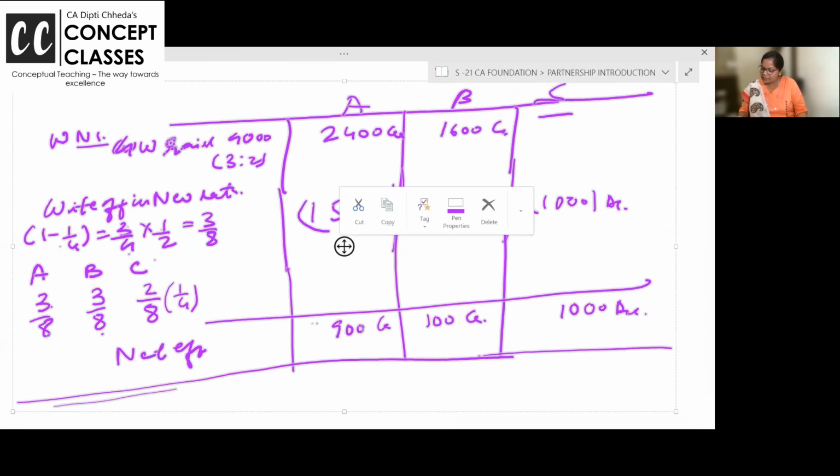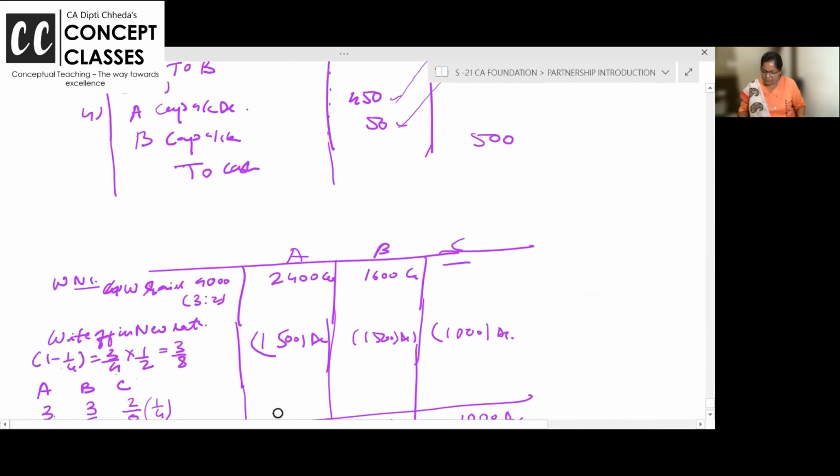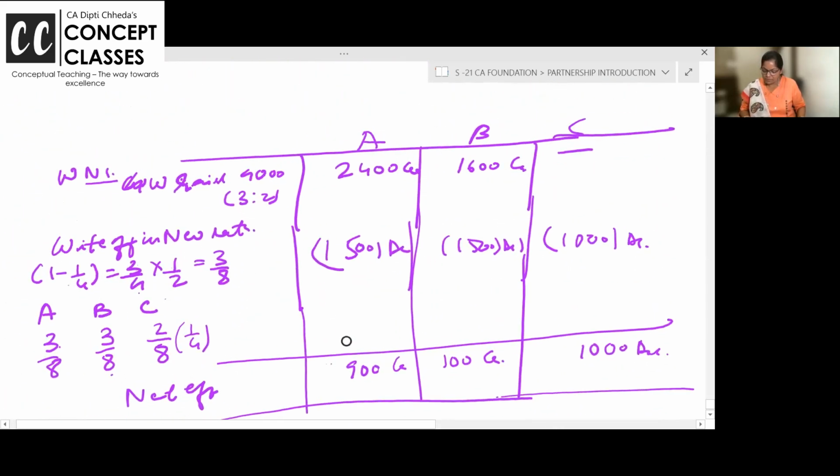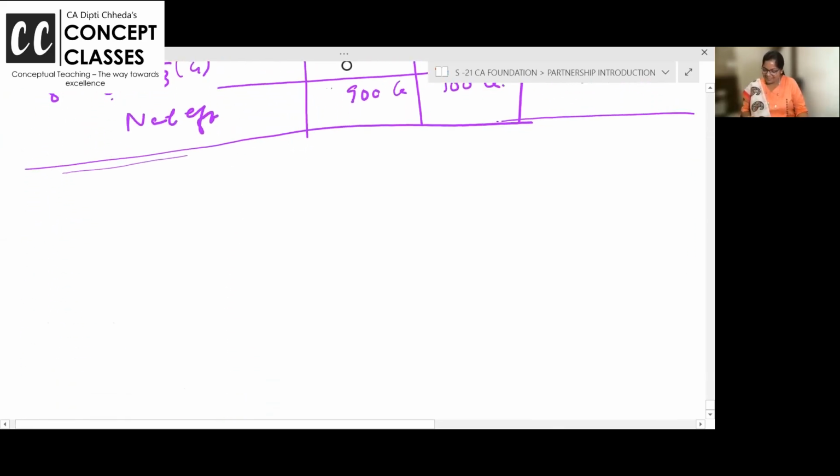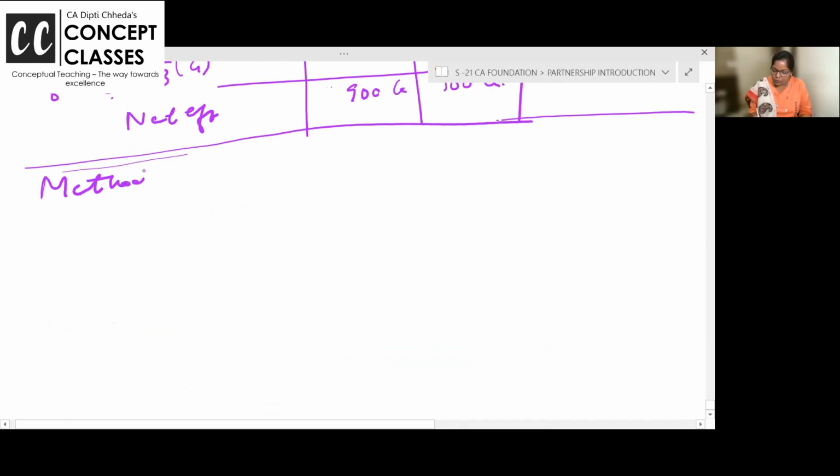Suddenly क्या हो गया? Now done. Okay. Chalo, let us do method 2 or case 2.